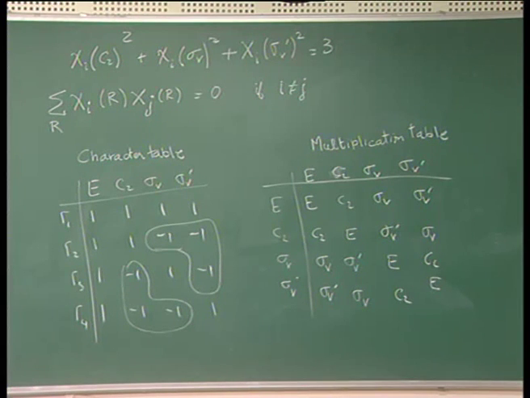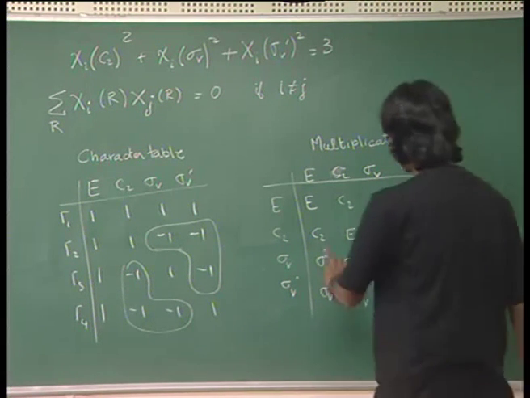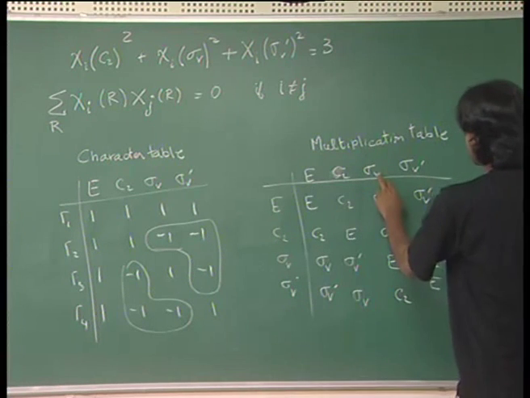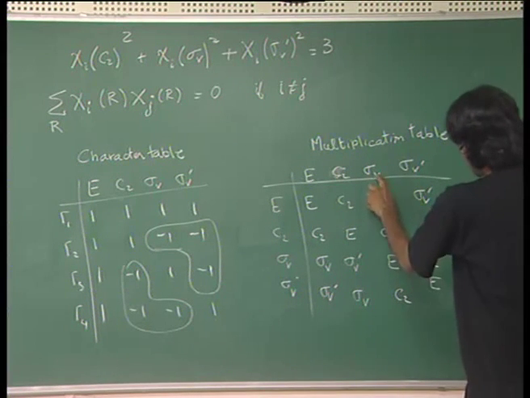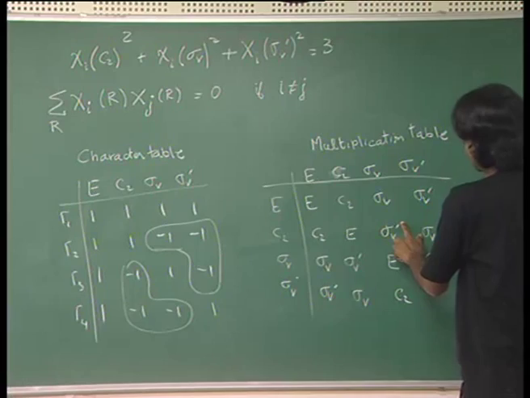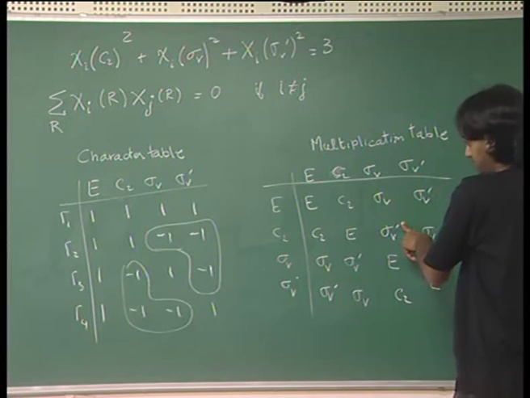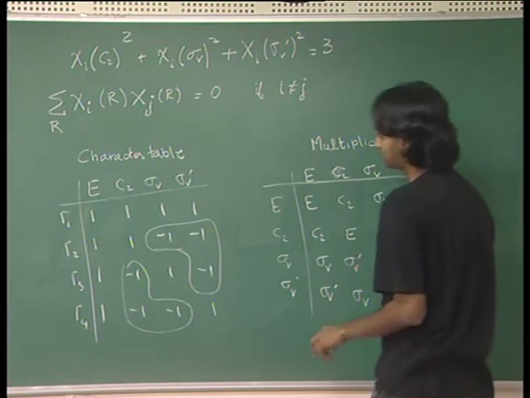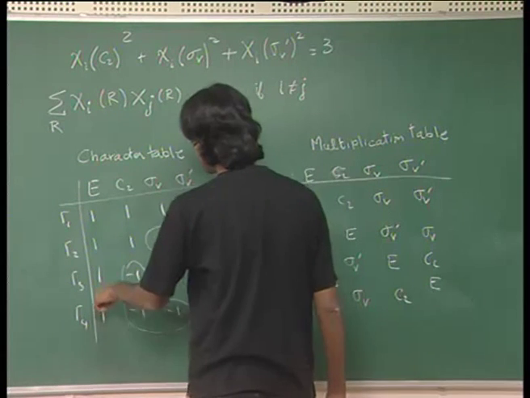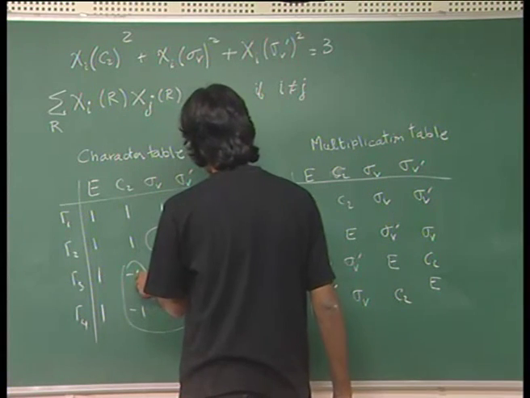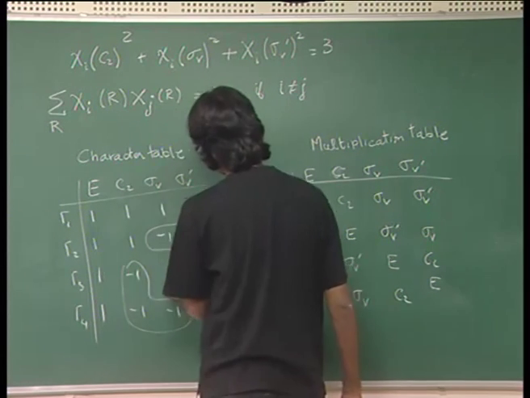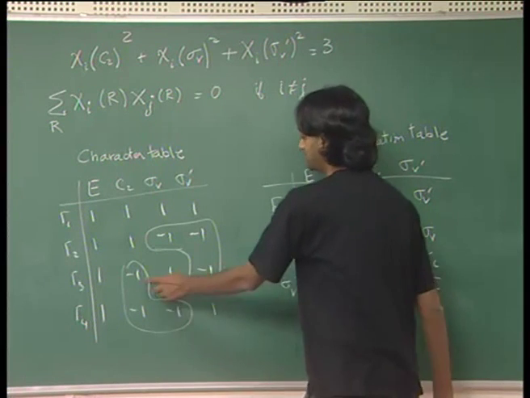Basically the product of operations, suppose I take C2 times sigma v, then I get sigma v prime. Now, if I take any representation, let us say I take this representation, I multiply the character of C2, multiply the character of sigma v, I should get the character of sigma v prime, and indeed this is true.